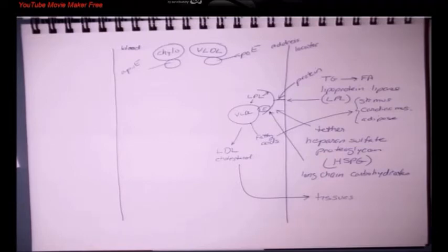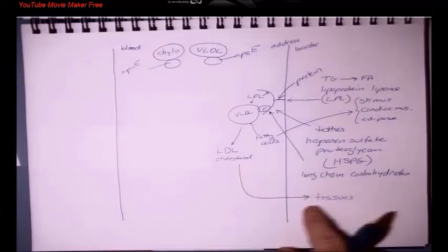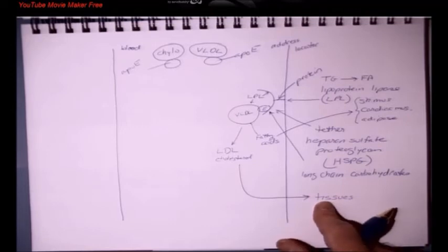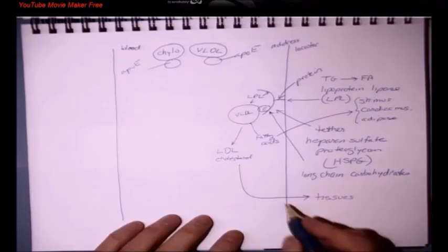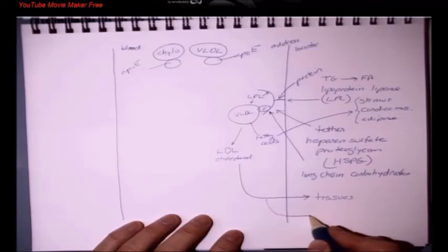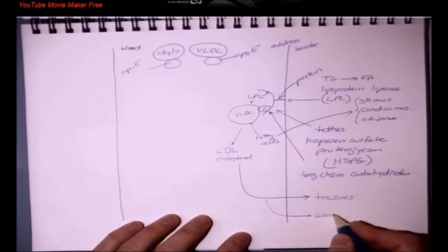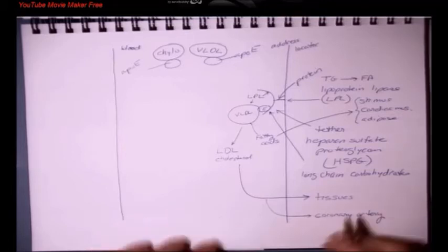Now this is a normal process, and you'll notice a little prelude to Dr. Shade about atherosclerosis, is that when LDL moves into tissues, this is an absolutely normal thing, but what if it moves into that vessel?